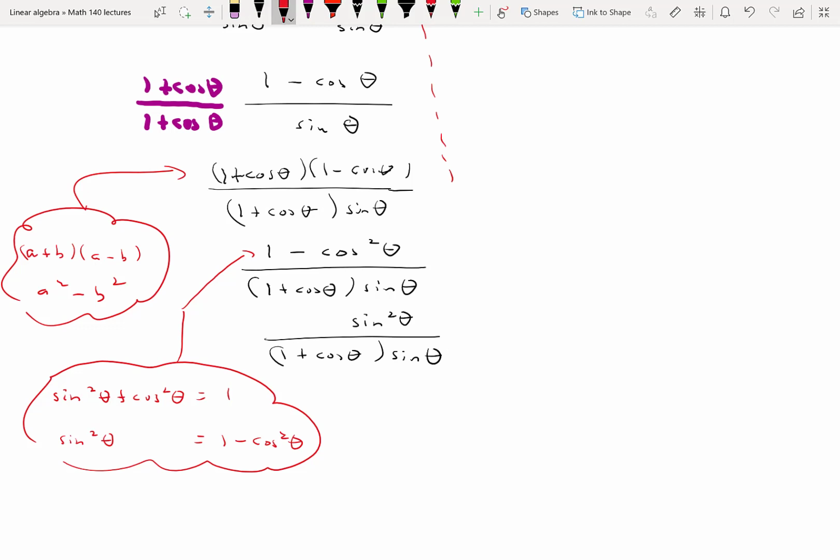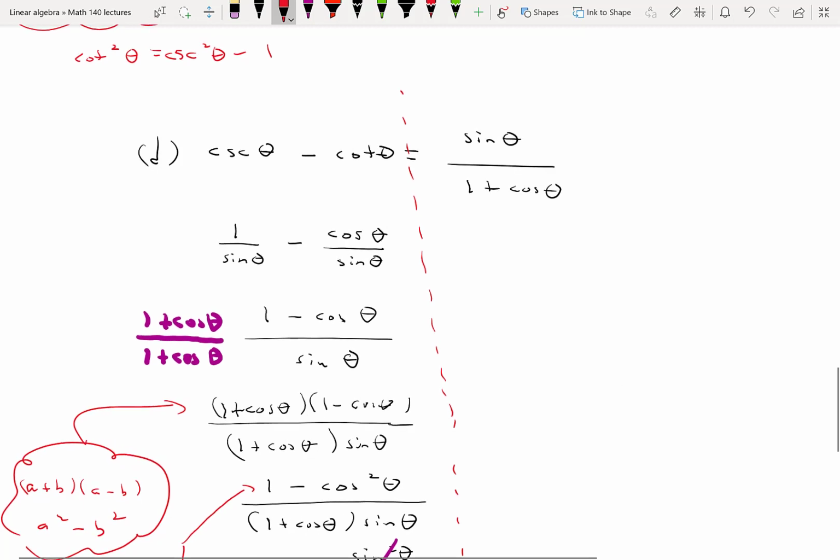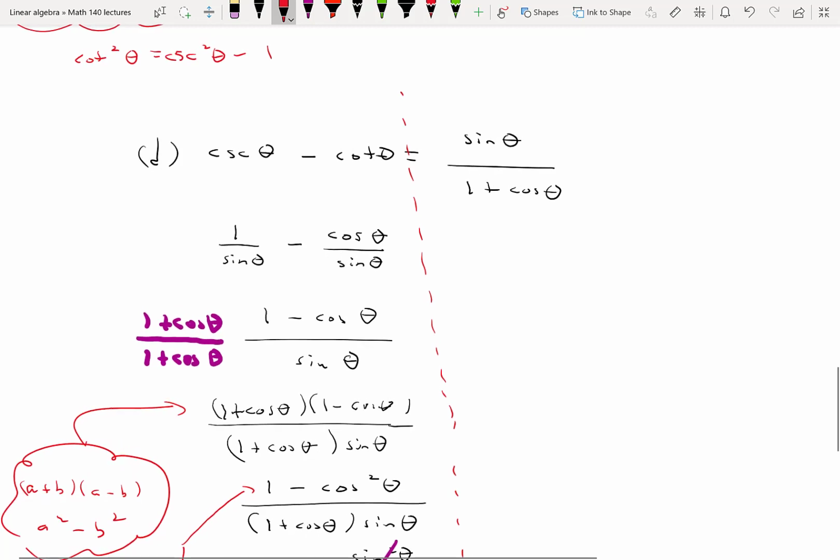And it's almost there. I'm going to cancel one factor of sine in the denominator with one of the sine factors in the numerator, and that leaves me with sine of theta over 1 plus cosine of theta, and that's exactly what I have on the right-hand side.